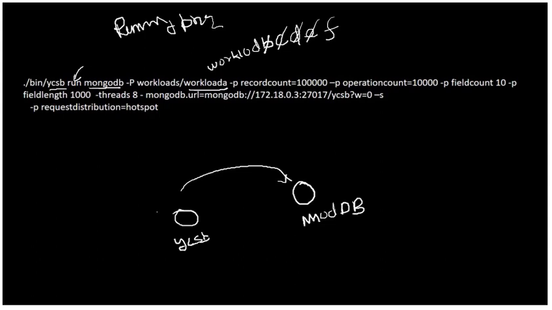It is provided in the MongoDB URL. Then at last we have a request distribution, which defines in what way we want to perform the experiment. Here we can use hotspot, uniform, zipfian, sequential. So we have lots of choices here also. That's how a typical experiment is performed or started using YCSB.